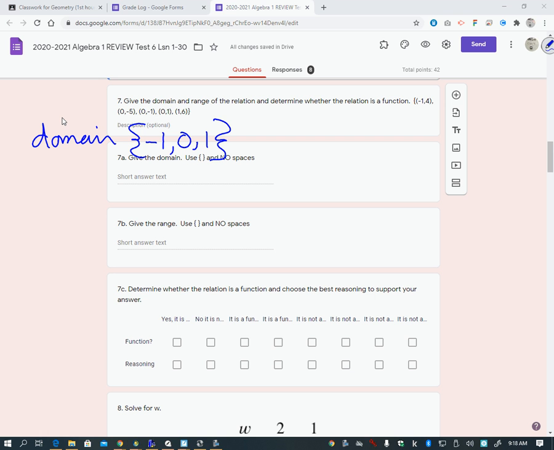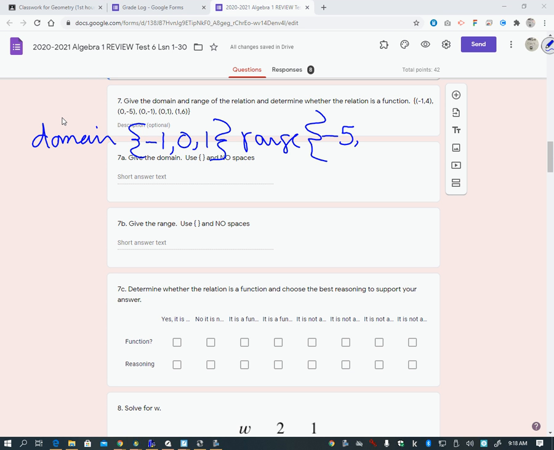Just what's the domain? We also need the range. What's the range? -5. But what is range specifically?